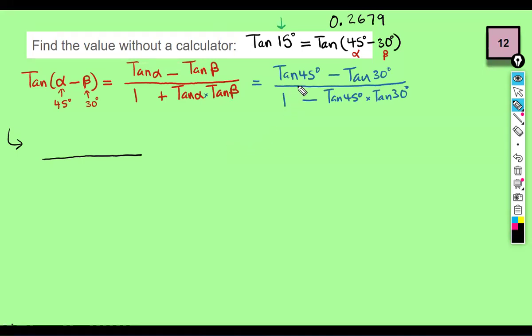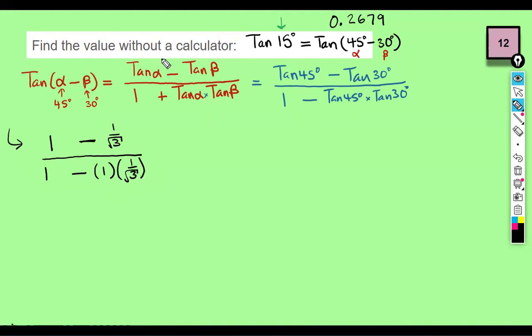This is what I'm seeing from the table. Tan 45 is 1, minus tan 30, which is 1 divided by the square root of 3, over 1 minus, well, tan 45 is 1, that's this one here, and tan 30 again is 1 divided by the square root of 3. Now, I'm doing all of this from memory.